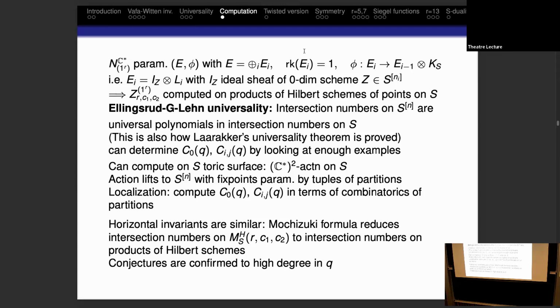There's Mochizuki's formula, which expresses invariants of moduli spaces of sheaves on surfaces, in this case the moduli space of rank R sheaves, in terms of products of intersection numbers on Hilbert schemes of points. It's unfortunately a very complicated formula, but again one can compute these invariants with it. The only thing is that for the horizontal invariants the formula gets complicated very fast when the rank grows, so one cannot go very far.